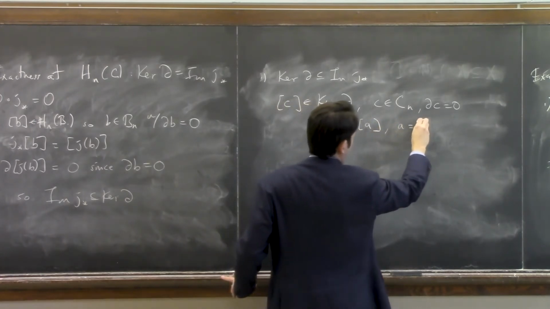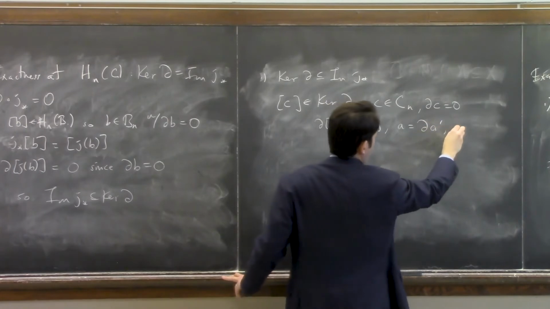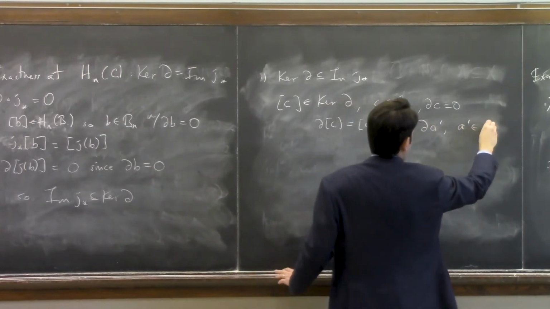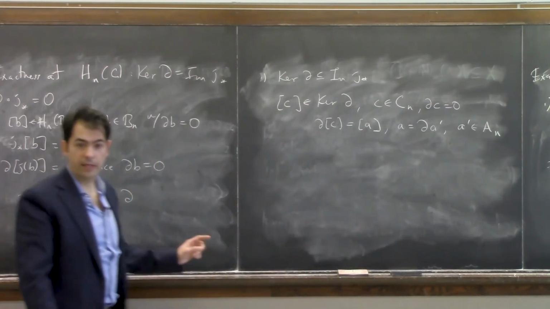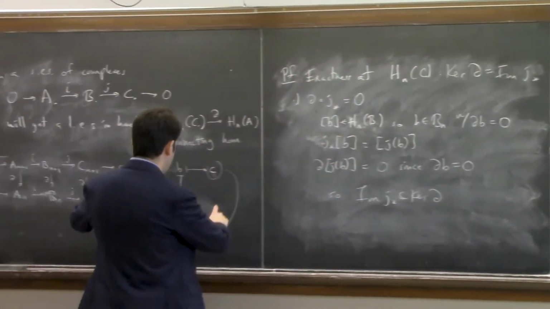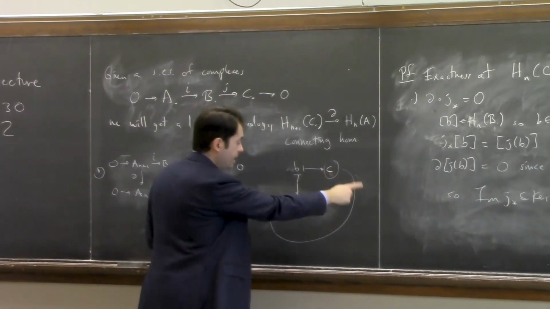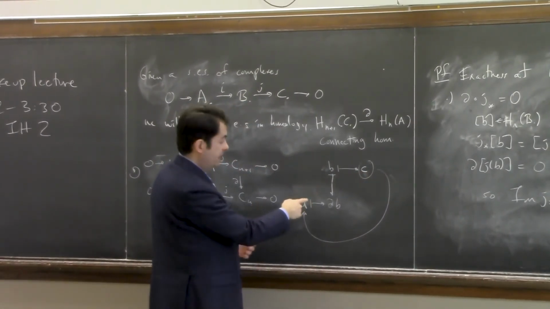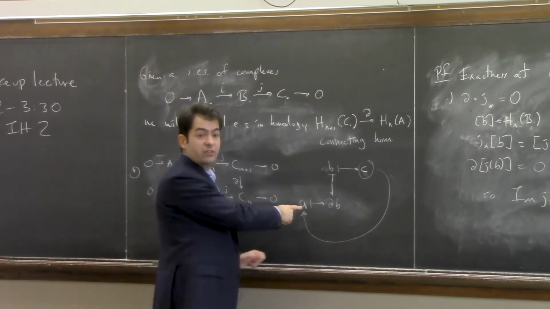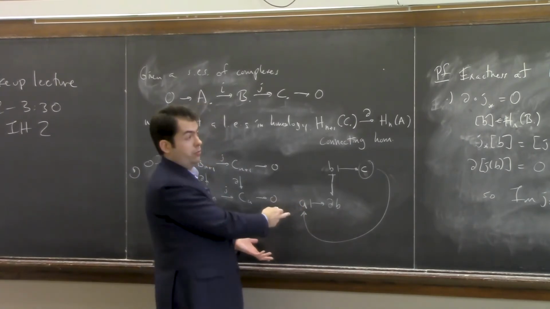So A is equal to the boundary of some A prime in A_n. Okay? So the connecting homomorphism takes this cycle C and gives us a cycle A. And we're saying that when you do that, you get 0. You get 0 in homology, so you get a boundary.